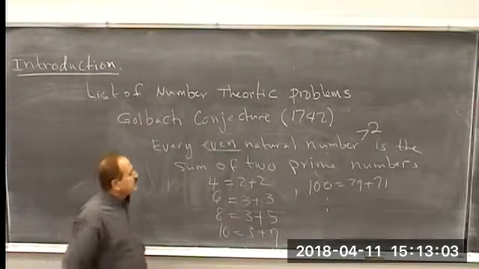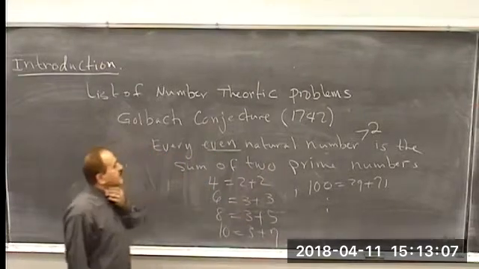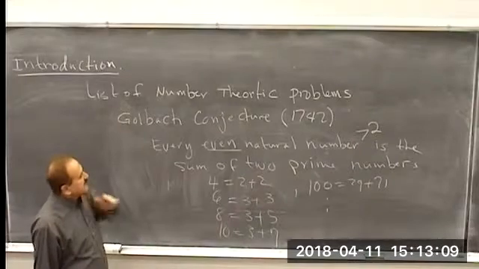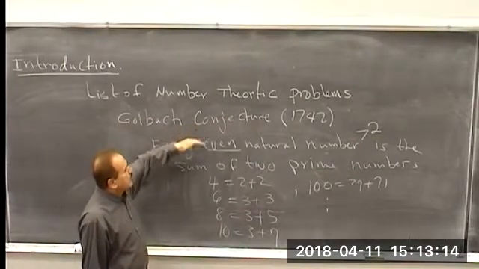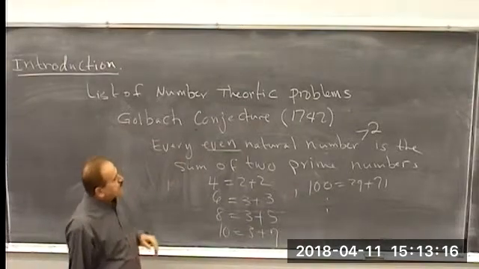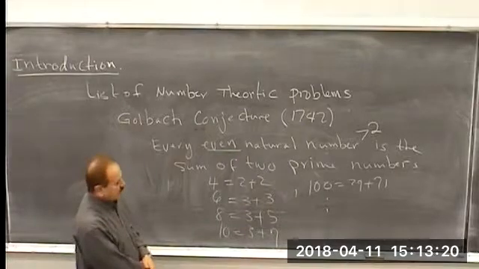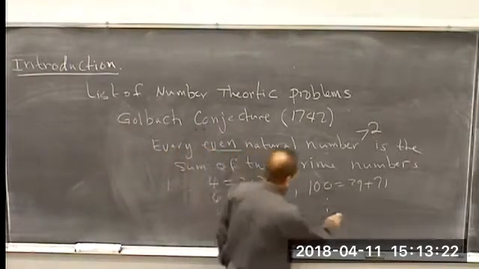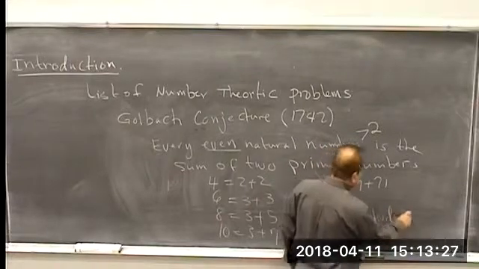But even with these large values of n, checking them to be true does not prove this conjecture, and there is no mathematical proof. So this is again an unsolved problem. It's an open problem.